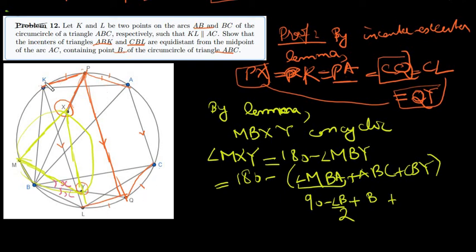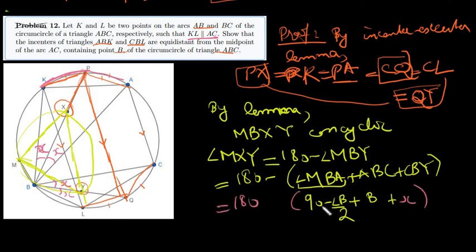These are the same length, because essentially now is when we use the fact that KL is parallel to AC. Because KL is parallel to AC, we know that all these angles, this angle is X, so we know that essentially KBA is equal to CBL, because these are both the angles made by CL and AK, and CL and AK are the same. So essentially this angle is X, this is X, this is X, and this is X. So wherever now I see an angle that's X, I'm just going to write X instead of it. So this is X now.